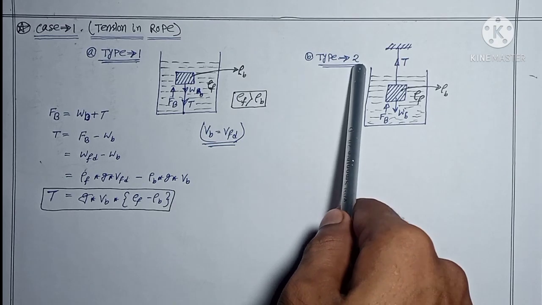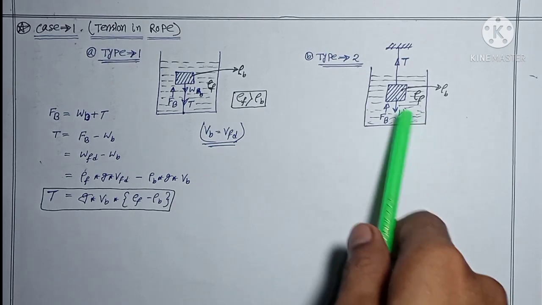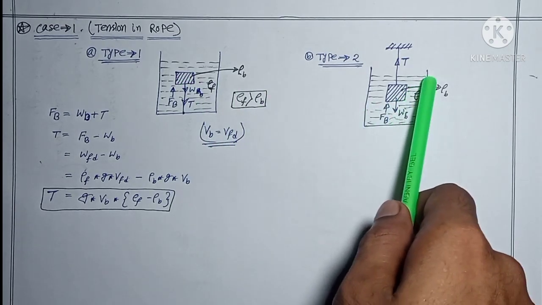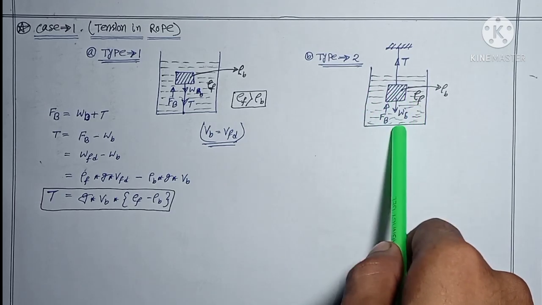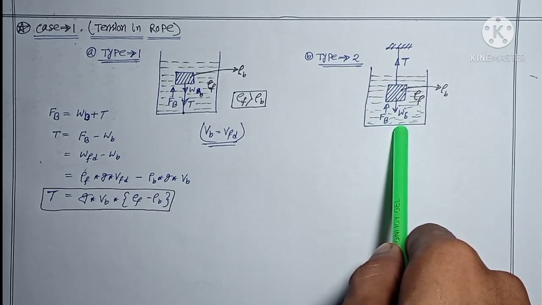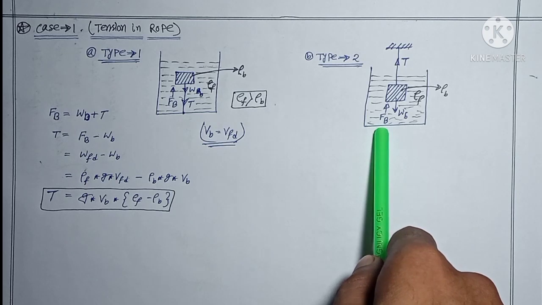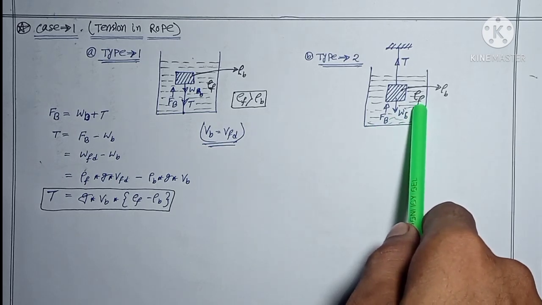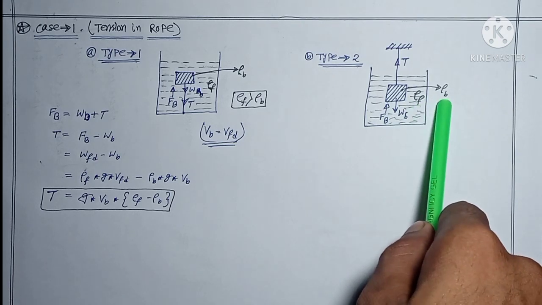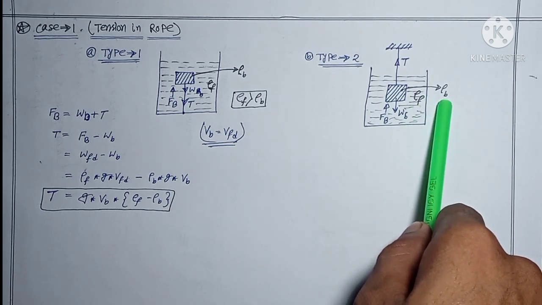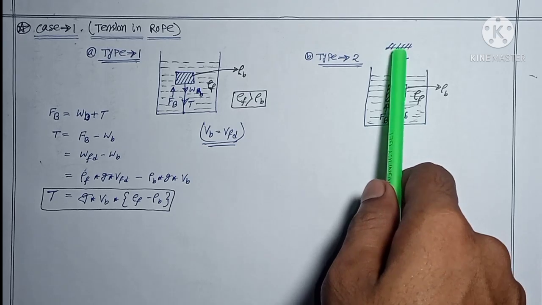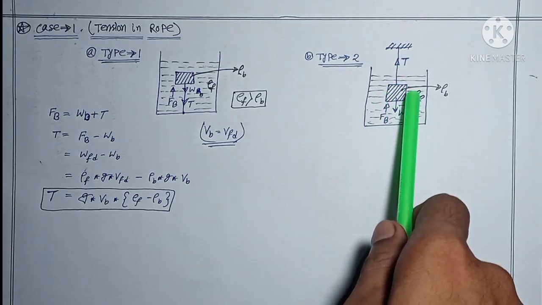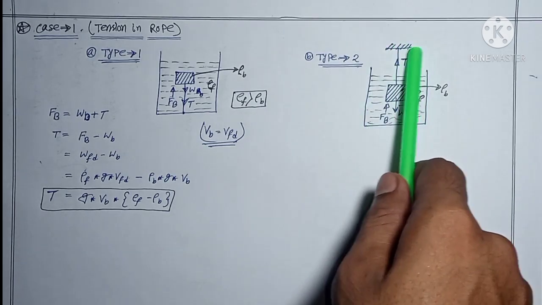Now, just by following this technique, follow me as I write the formula for tension for case number 2. Here the block is also totally submerged. In the downward direction the weight of the body acts, in the upward direction the buoyancy force acts, and we assume the density of the fluid is rho F and the density of the body is rho B. But here the tension acts in the upward direction, which means the body is suspended from the top.